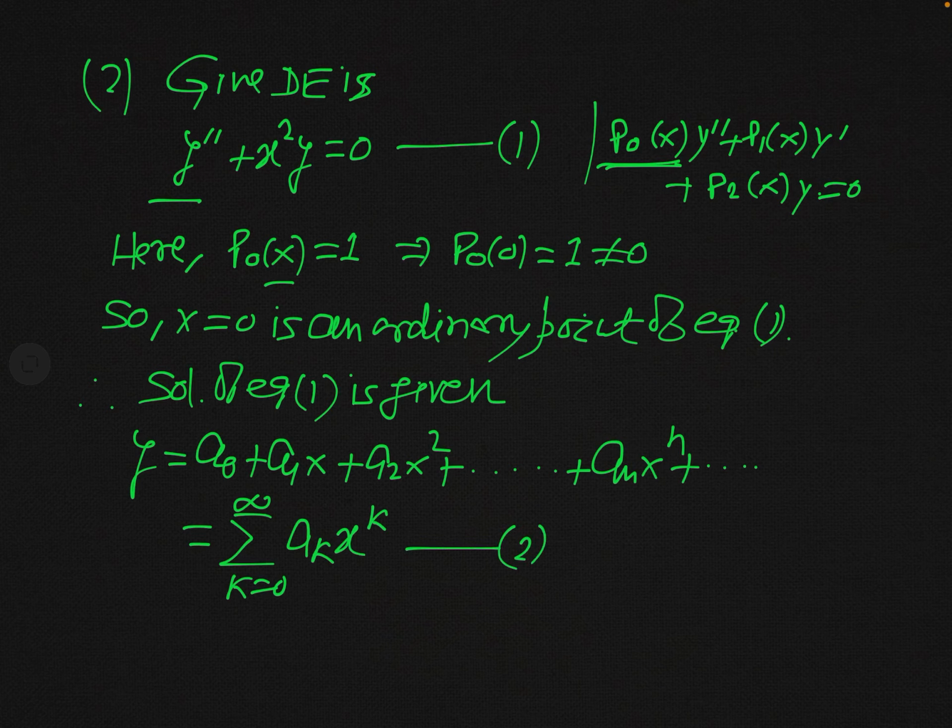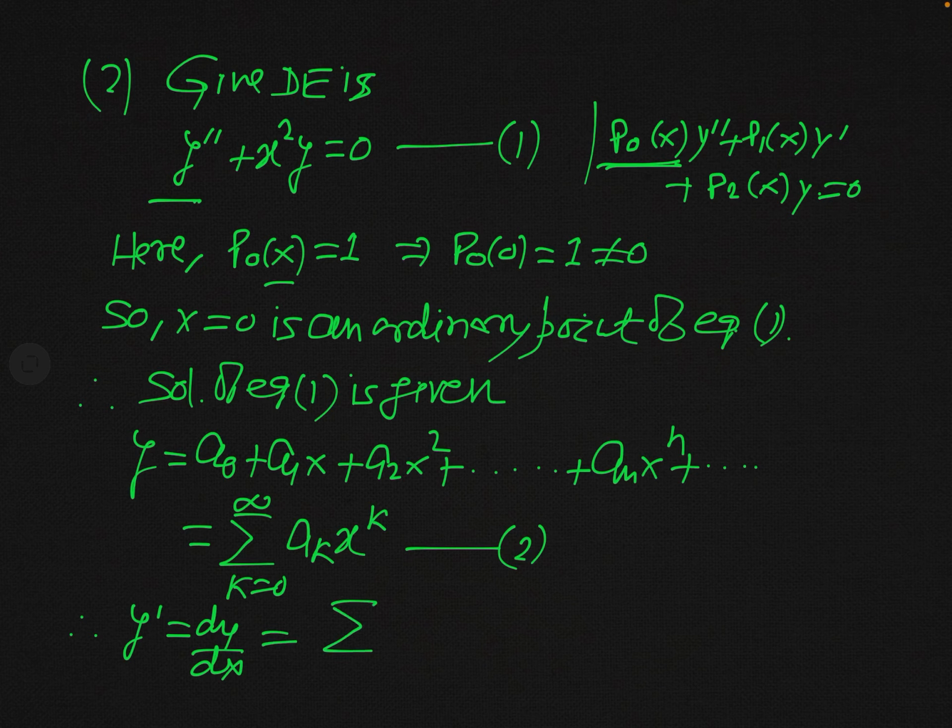Now, as you have seen, first of all, we will find these derivatives. y double prime. Here there is no need of y prime actually, but for finding y double prime, you have to first find y prime. So y prime means dy by dx. And what will be this dy by dx?